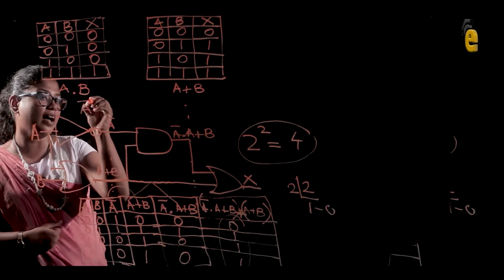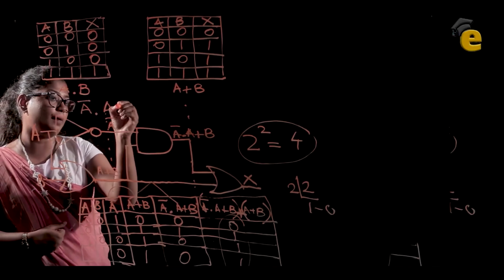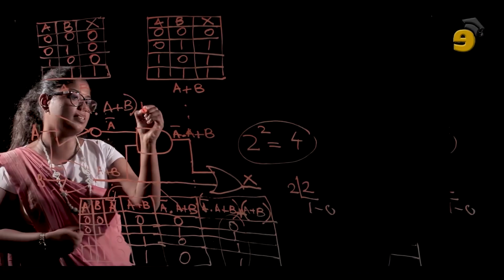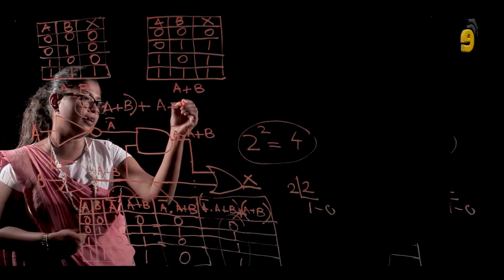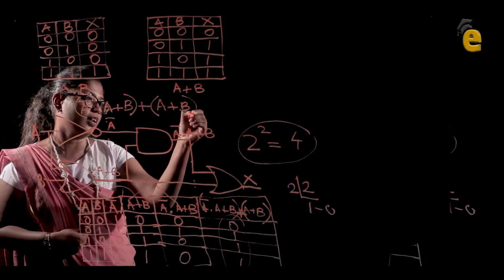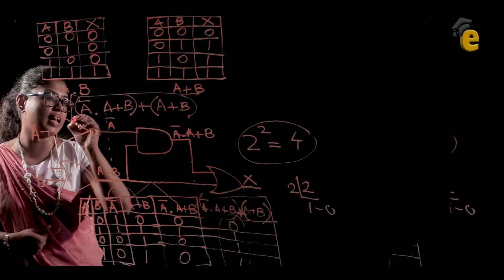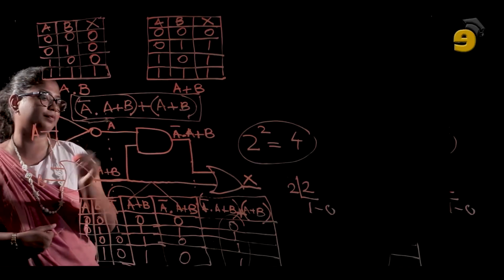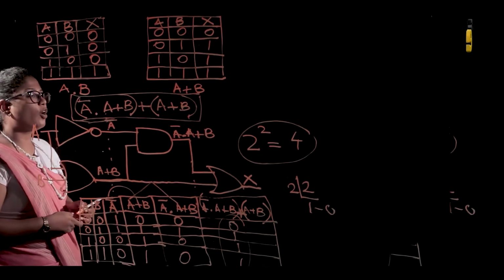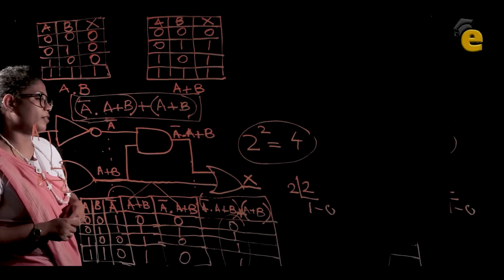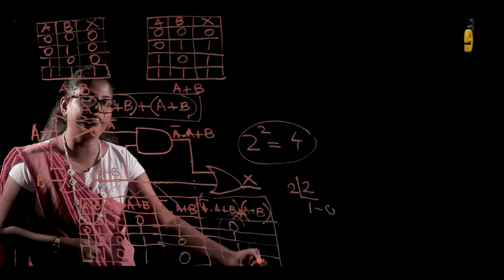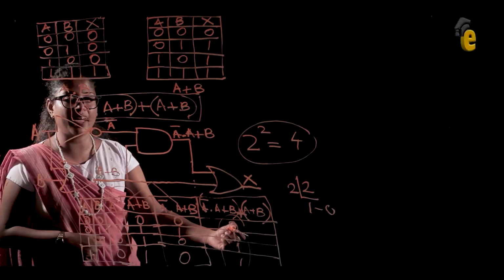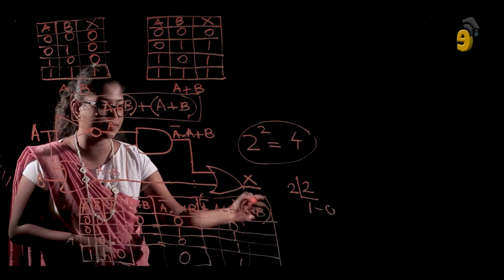A bar into A plus B, bracketed, plus A plus B. This is the last result, the algebraic expression you will be writing. Be clear on what you will always be doing for logic circuit diagrams. The results you have got for the last column derive the solution with the algebraic expression.